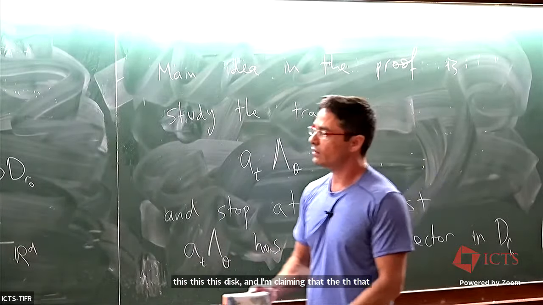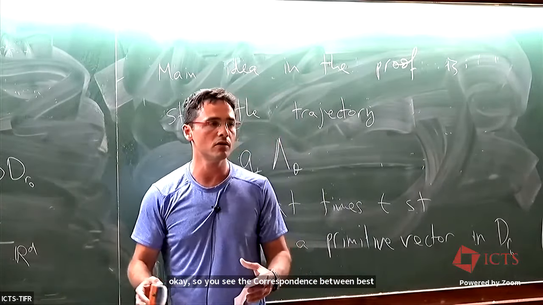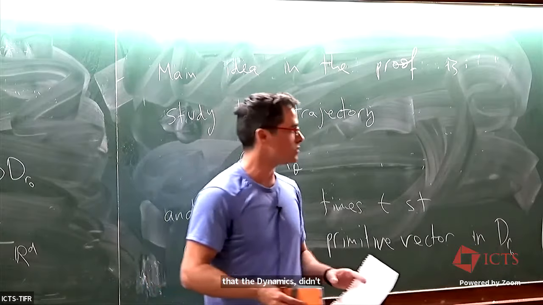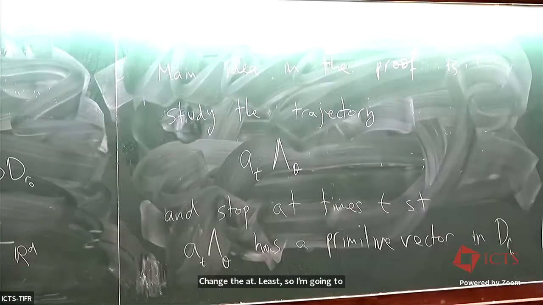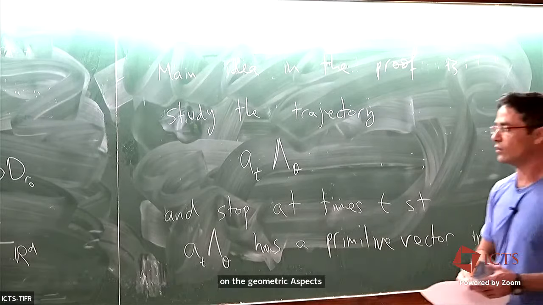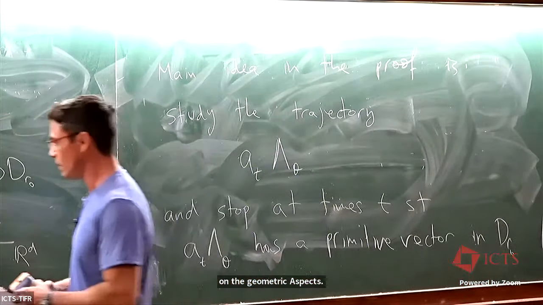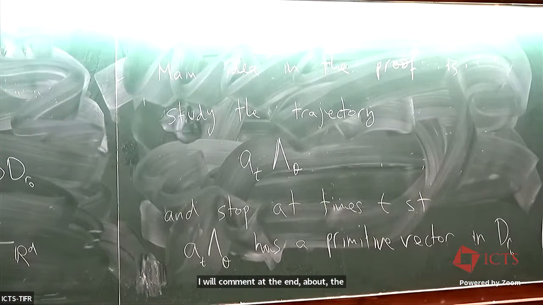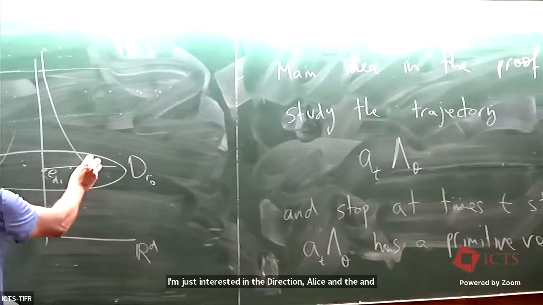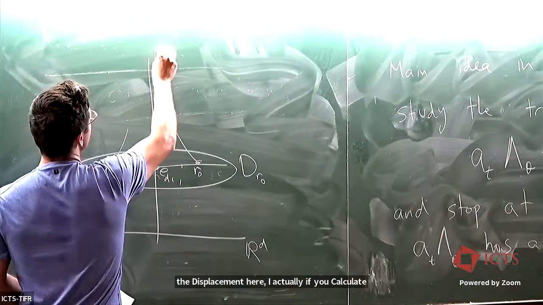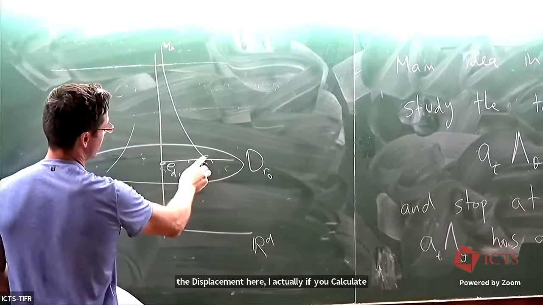And I'm claiming that the dynamics didn't change. At least, I'm going to concentrate on the geometric aspects. I will comment at the end about the arithmetic coordinate in the statements. But if I'm just interested in the directional lattice and the displacement, here, if you calculate which point, so v_k was here, and it hit this disk after t seconds.